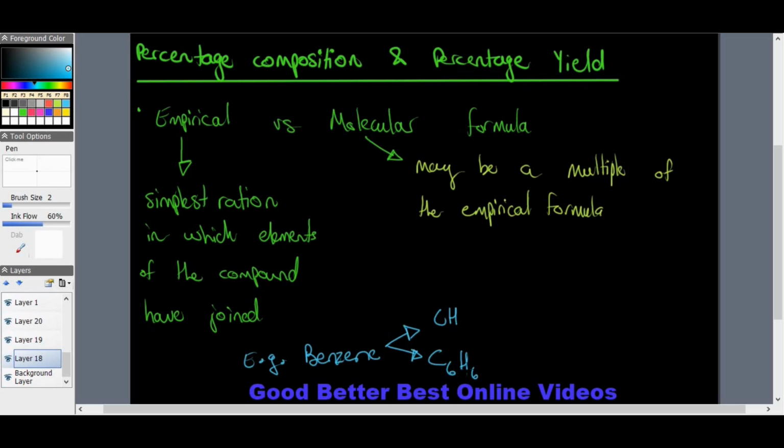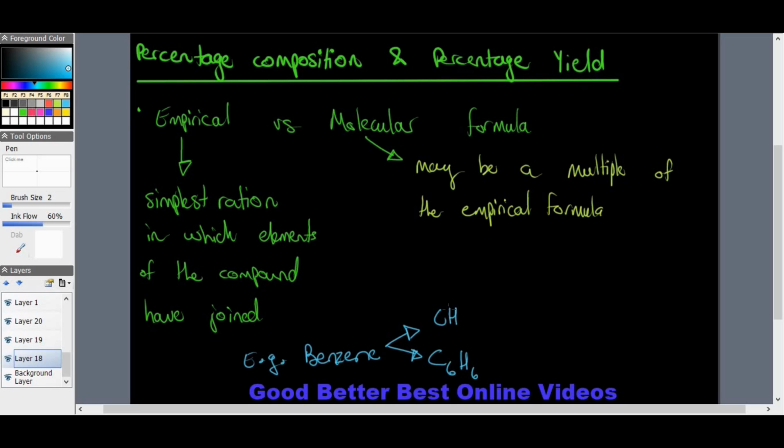If we divide the whole thing by 6, we get the simplest ratio, which is 1:1. So the simplest ratio would be the empirical formula, and the molecular formula is the formula in which the substance actually exists, C6H6. That is the difference between the two formulae.